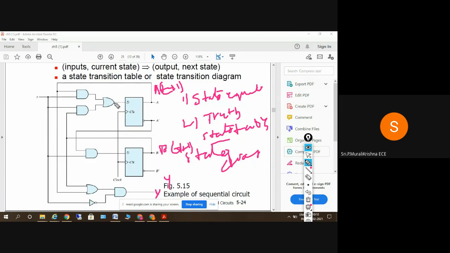D is getting input from an OR gate and two AND gates. The OR gate is getting input from the two AND gates. What are the two inputs from the AND gates?